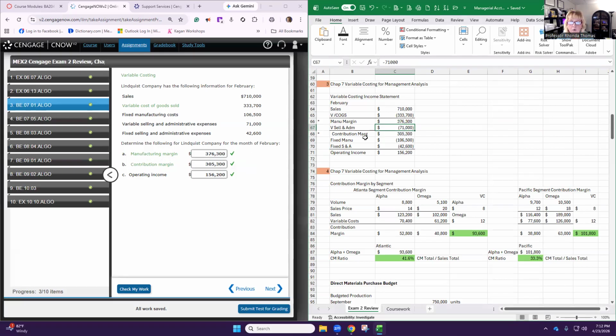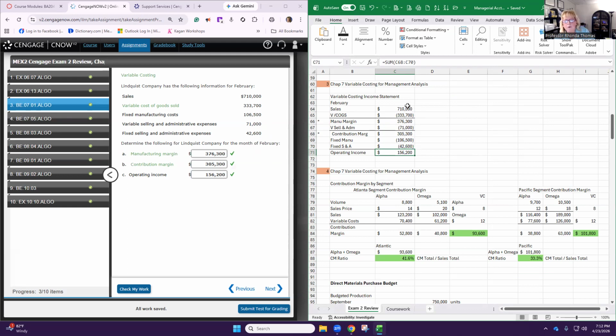And now we're ready for the contribution margin. Contribution margin is 305,300. Then we take the two fixed: the fixed manufacturing of 106,500 and fixed selling and admin of 42,600. You subtract both of those to get your operating income.